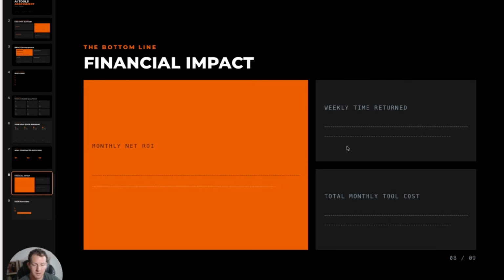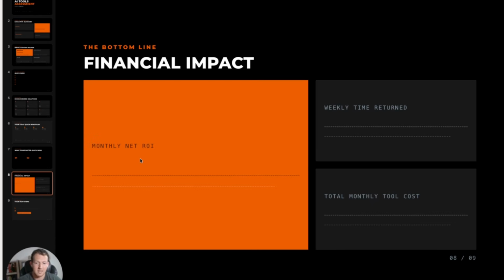So if their time's worth $100 per hour and our report is able to return them 5 hours per week, that's essentially $500 per week in time that they're getting back. Times 4 is $2,000 per month in time and money equivalent. If the total cost of the tools we're prescribing is, say, $50 per month, then we take that $2,000 a month in time they're getting back minus the monthly tool cost of $50 to get a monthly net ROI of $1,950.